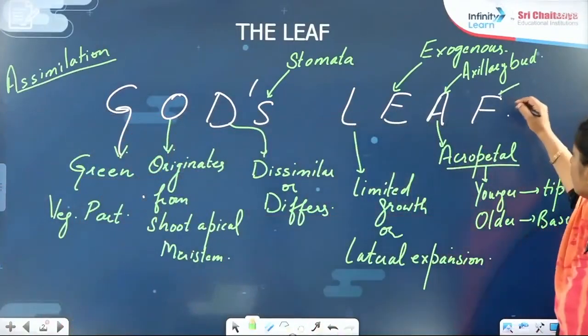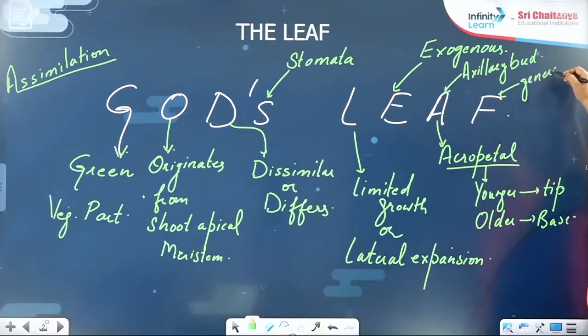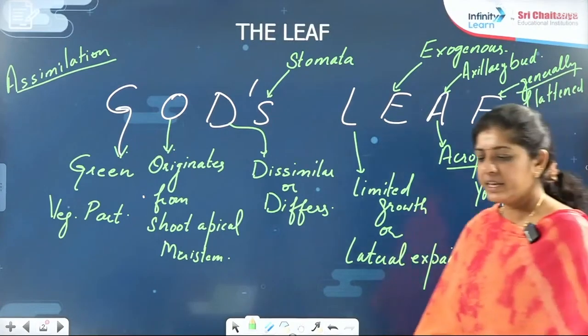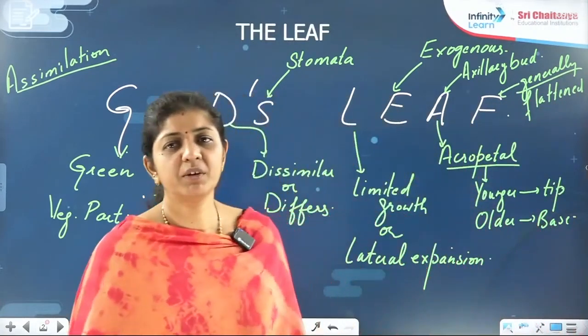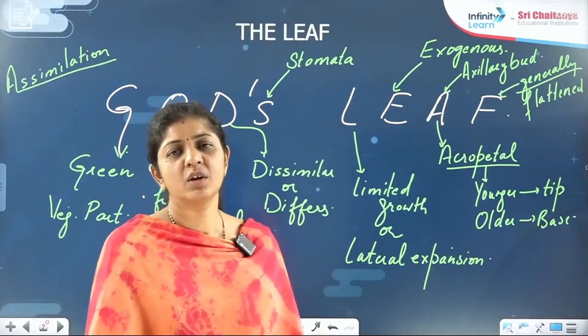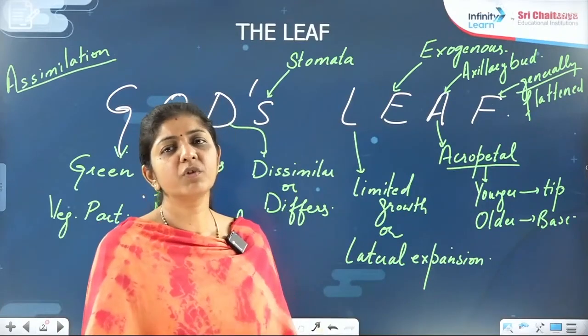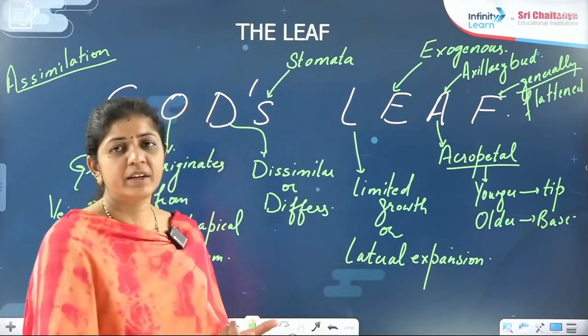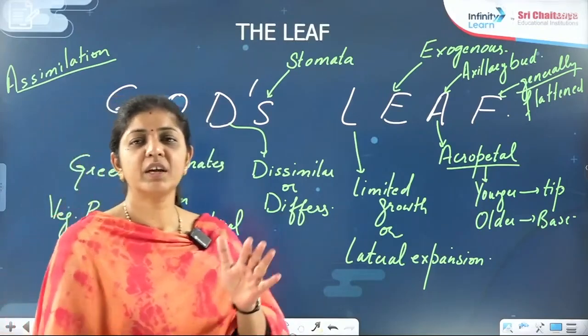Now coming to the next part, F stands for flattened. Generally, this structure is flattened. Why is the word generally written here? In your NCERT book, these words are very important: generally, most, almost, few. So be careful about that. Generally it is flattened, meaning some leaves are not flattened.